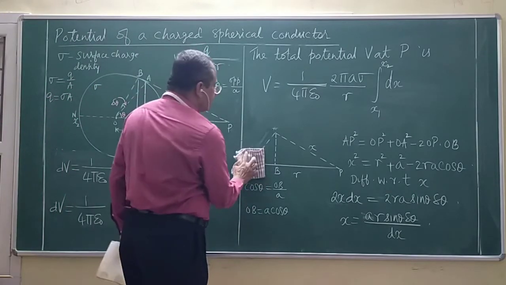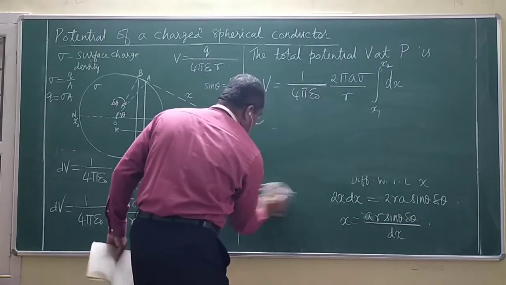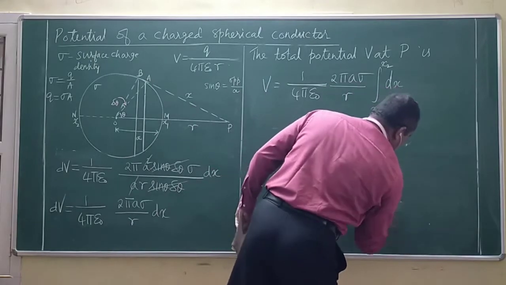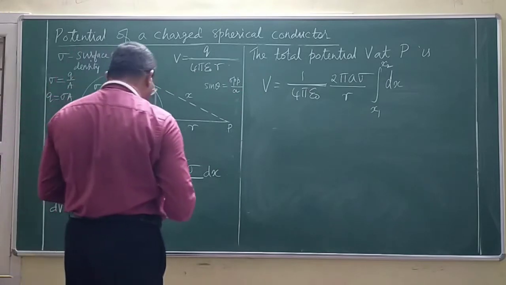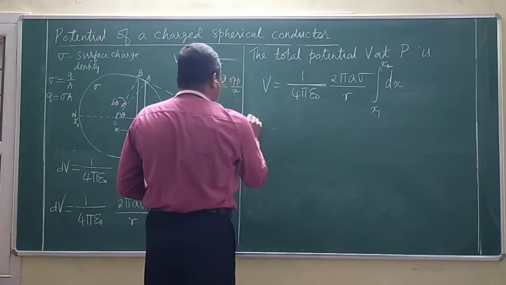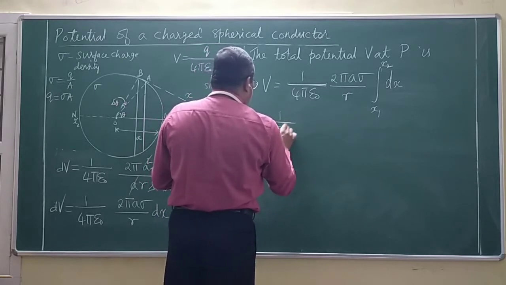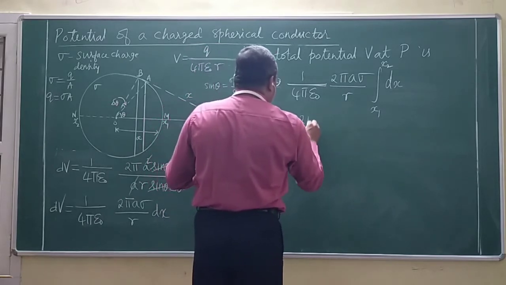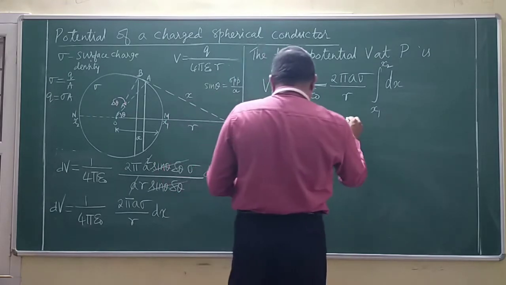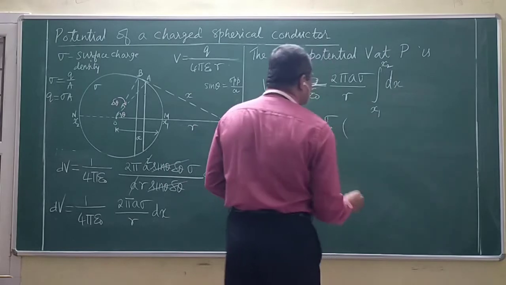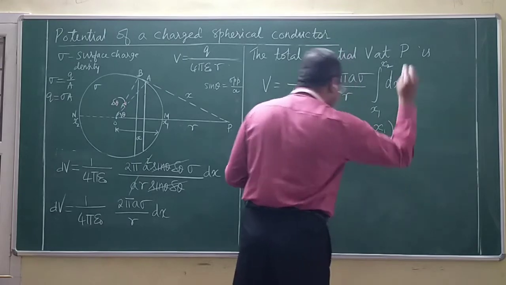Very good. Therefore, if I integrate this, V is equal to 1 by 4 pi epsilon naught 2 pi A sigma by R. If I integrate this x, upper limit x2 minus lower limit x1.